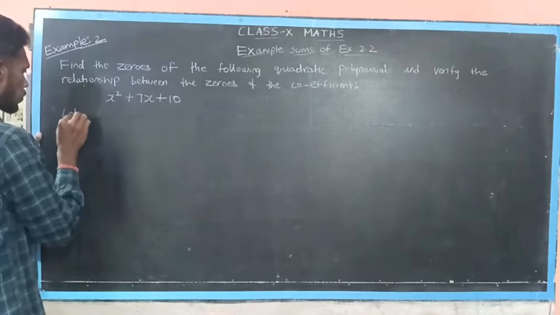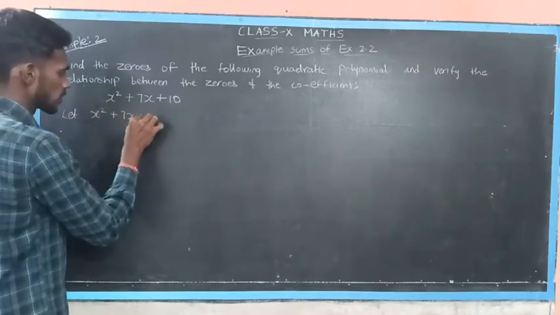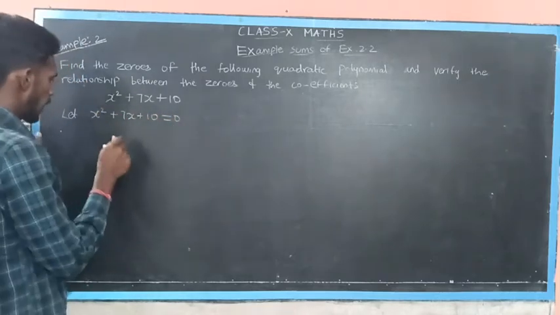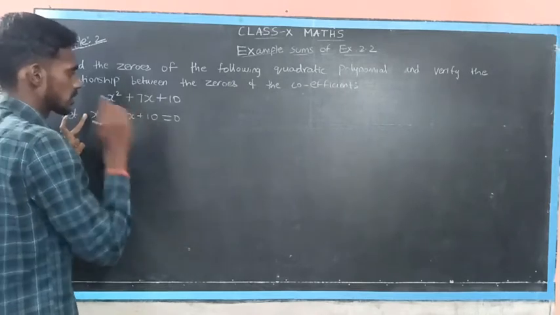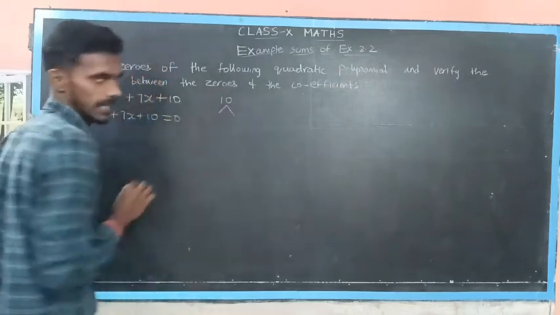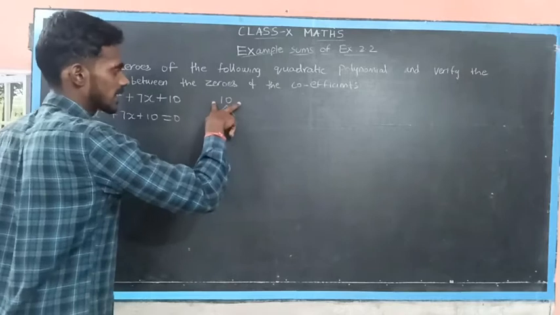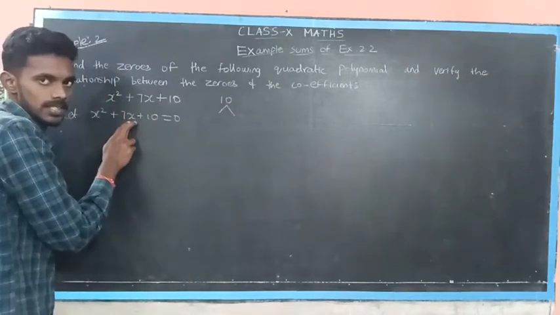So I am substituting the value of the polynomial to be 0. Then using the splitting the middle term method, I have to find the factors for the number 1 into 10, which is 10. If I find the factors for the 10, the factors' sum should be equal to the coefficient of x term.